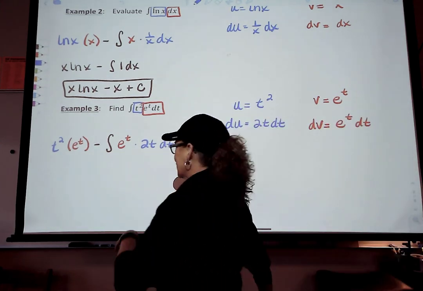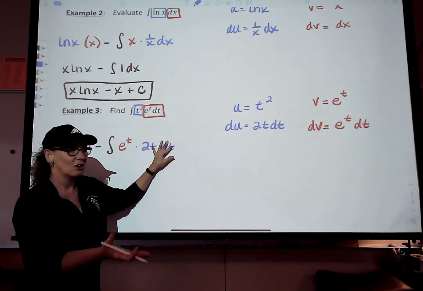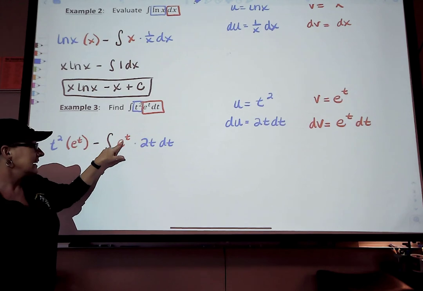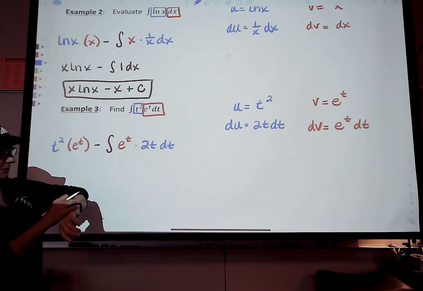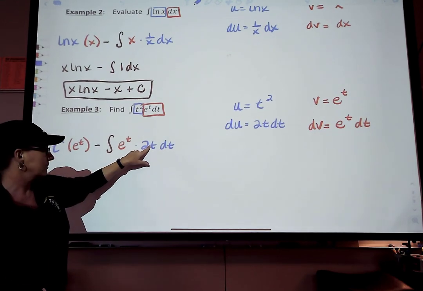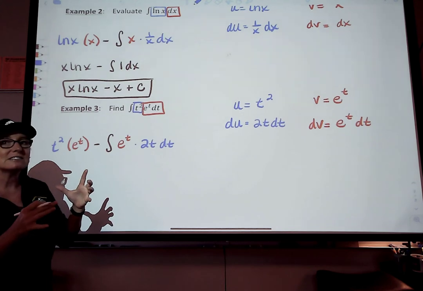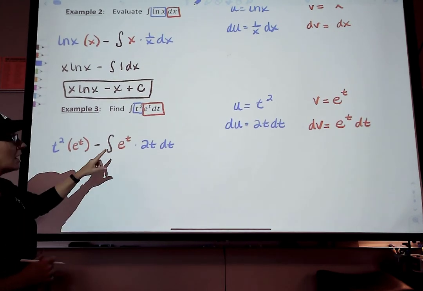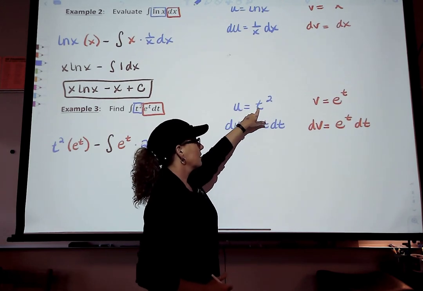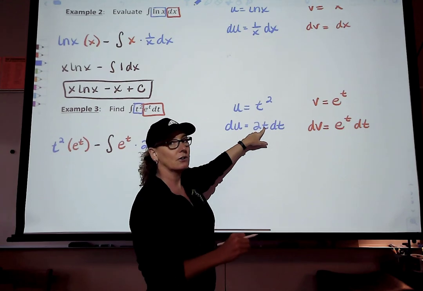Remember, when this happens, hopefully we get an integral that we can now do an antiderivative on, but I still can't. If it were just e to the t, it'd be fine, it'd be an easy antiderivative. If it were just 2t, it'd be fine, but not both of them multiplied together. But notice, I think you can see what's going to happen here. Yes, I chose this to be t squared, but the t didn't go away. Well, not on our first round.